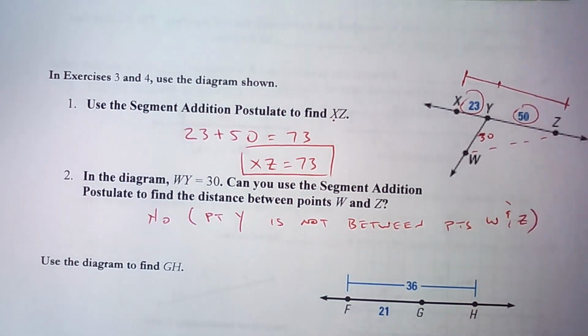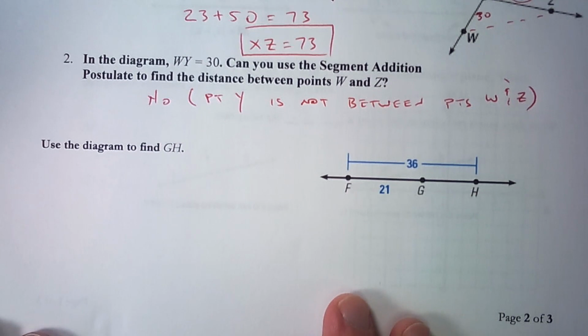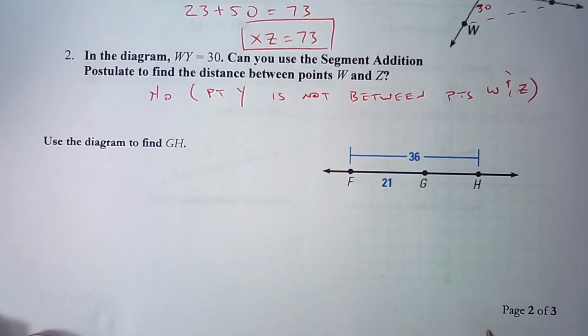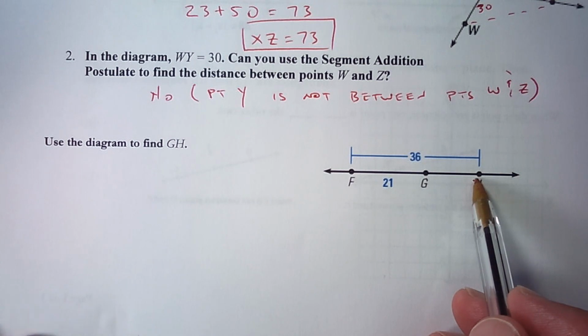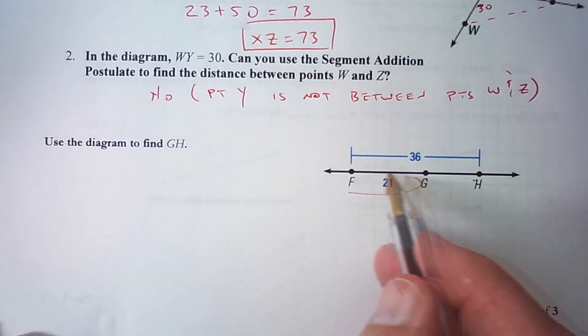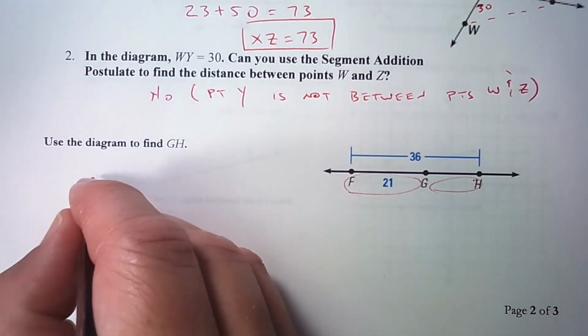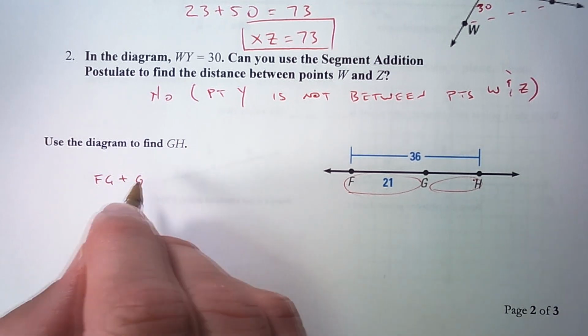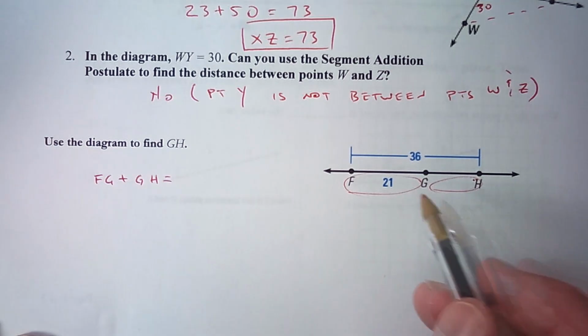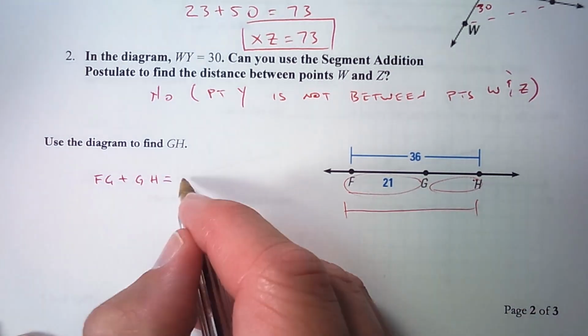Next we are going to use this diagram to find the length of segment GH. If I add segment FG and GH, so the length of FG plus the length of GH, that will give me the length of segment FH.